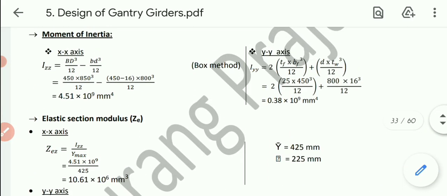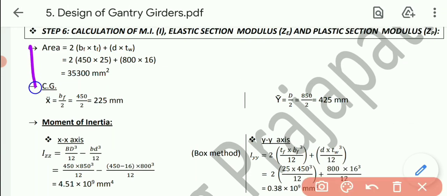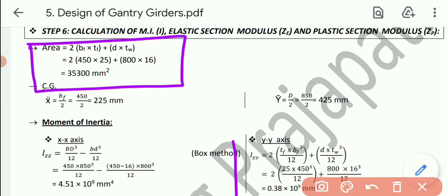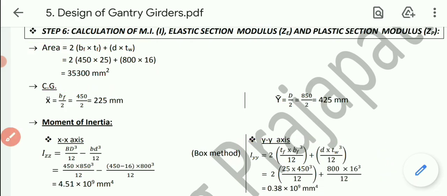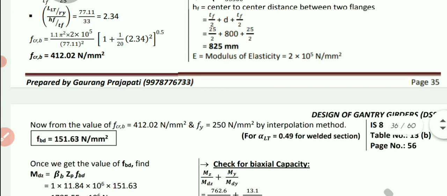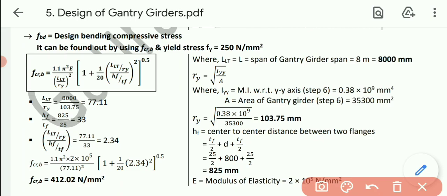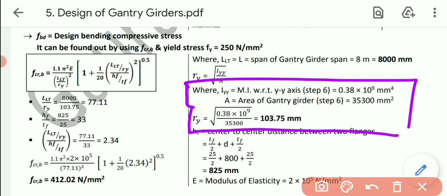Now the unknown parameters area and Iyy, we have calculated both these values in step number 6. Area is 35300, and Iyy is 0.38 into 10⁻⁹ mm⁴. Let's put down these values over here.